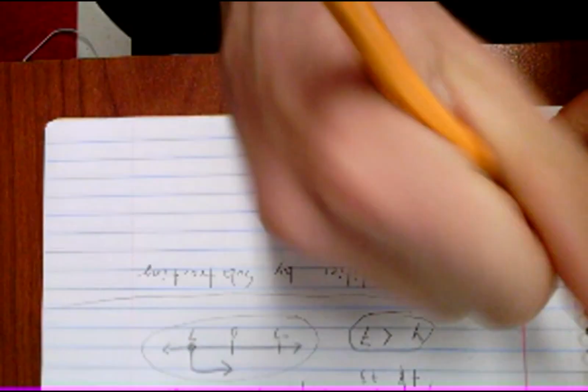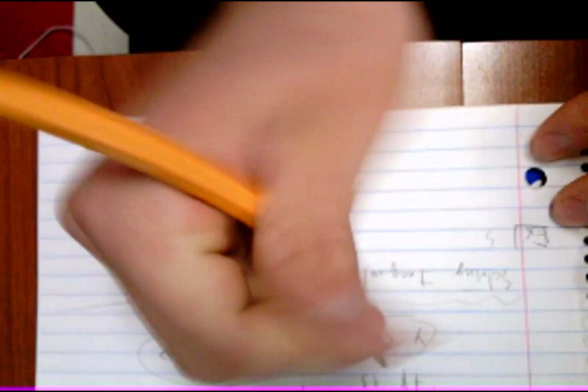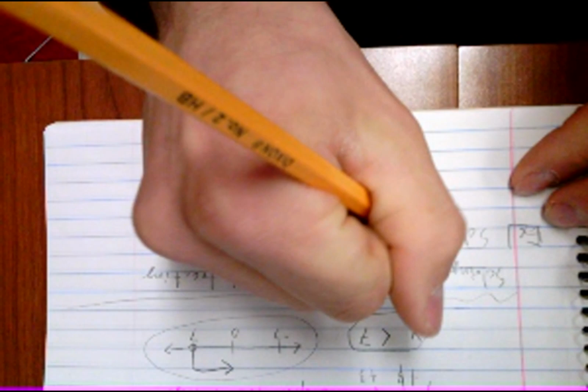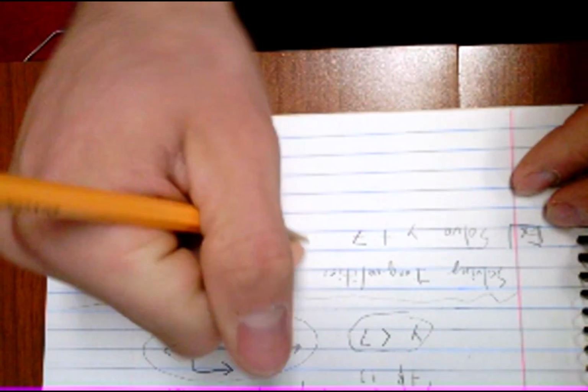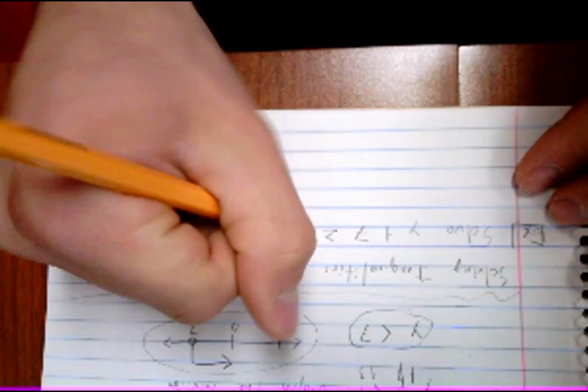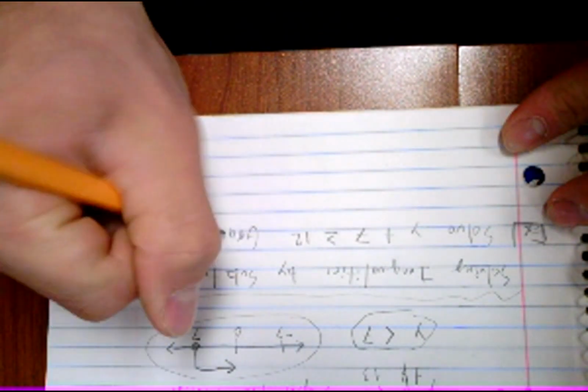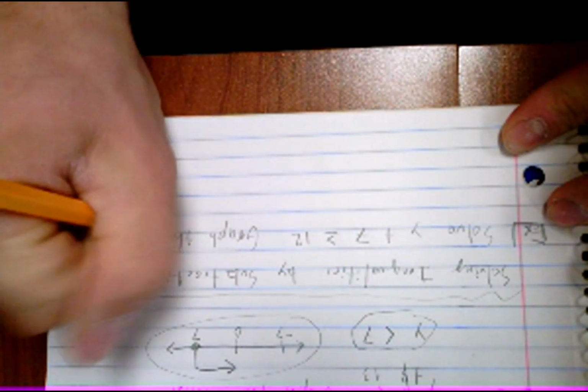Just like the subtraction property of inequality, what we subtract from one side, we subtract from the other side, and it keeps the inequality true. Our first example is: solve y plus 7 is greater than or equal to 12, and then graph the solution.